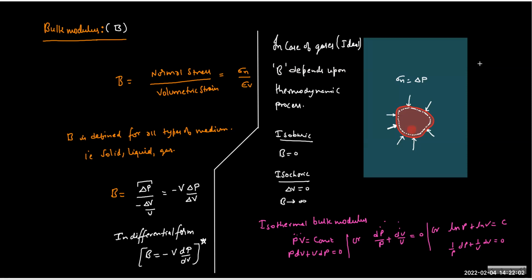In case delta V becomes positive, the delta P will be negative, naturally. So B will remain positive. It is like that if I decrease the pressure, it will in a way blow up. But that is not the case for solid bodies.